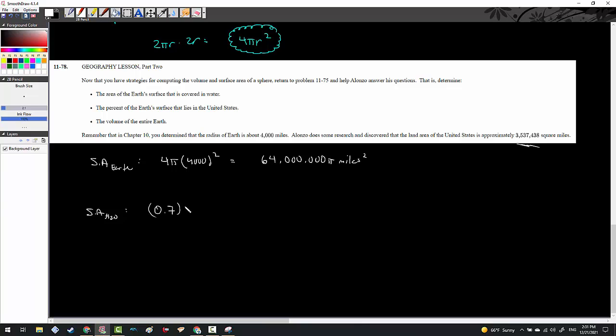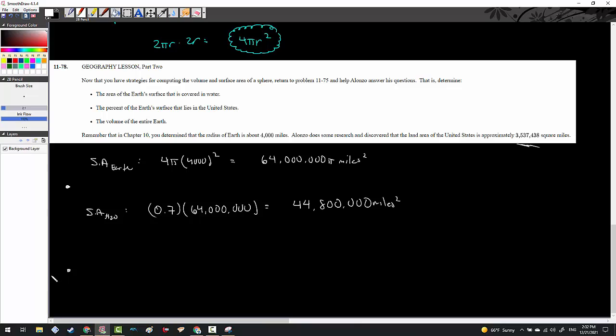So 70% of 64,000,000 is about 448,000,000 miles squared covered in water. Sorry about that. That is the first bullet point right there.